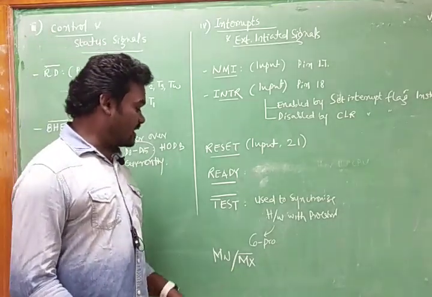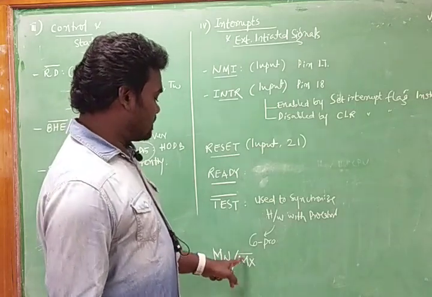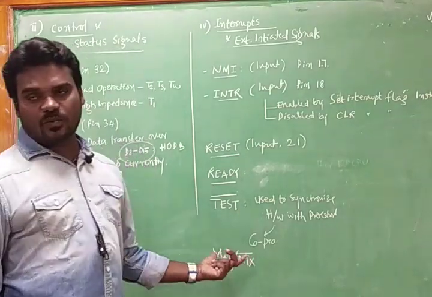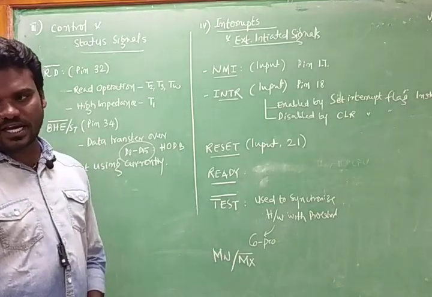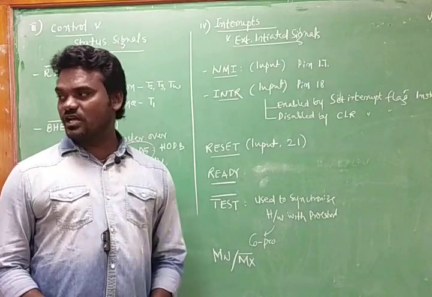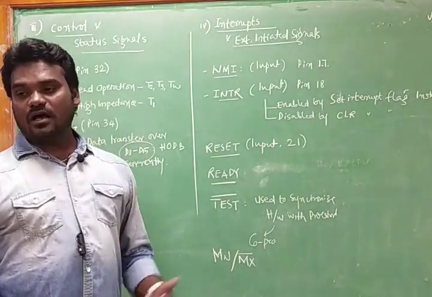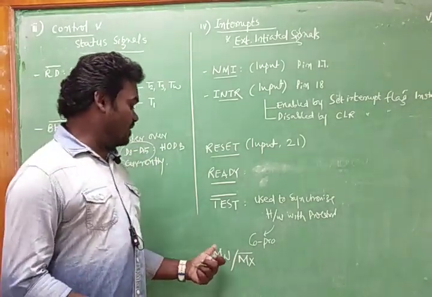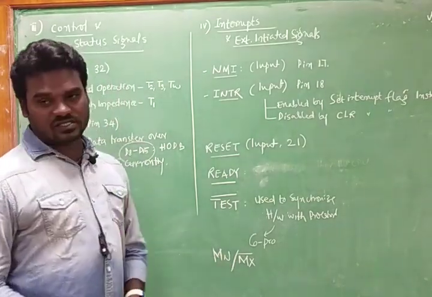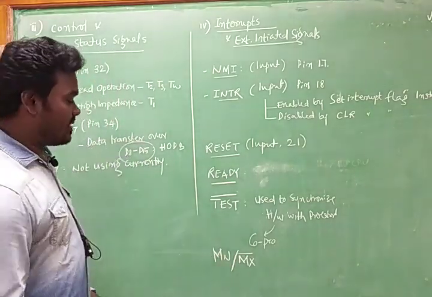Coming to the next pin, that is MN/MX, minimum or maximum, which we have already discussed. This is also an input signal for the 8086 microprocessor. Whenever this pin takes logic 1, the processor will enter the minimum mode of operation.